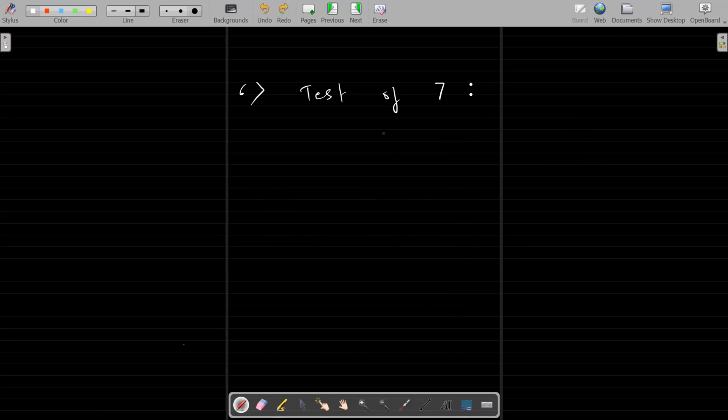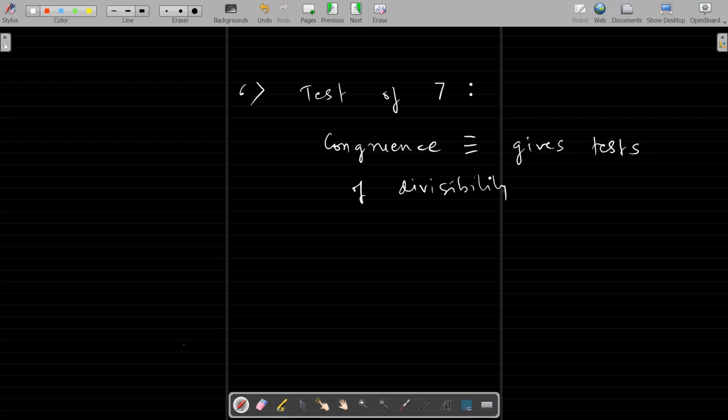All these tests of divisibility are just a consequence of congruence in number theory. So there is nothing great in different tests of divisibility. They are just consequences of results on congruence. Fine.